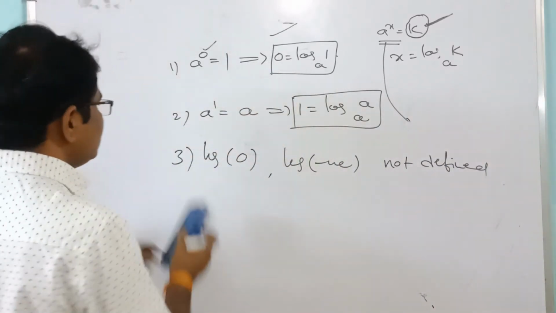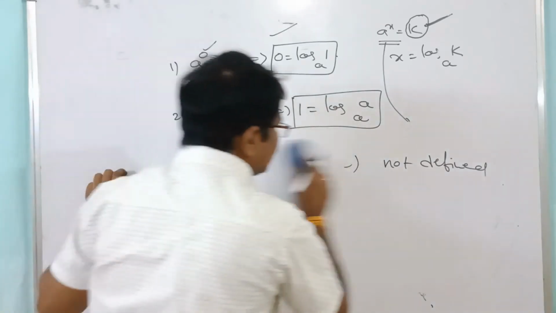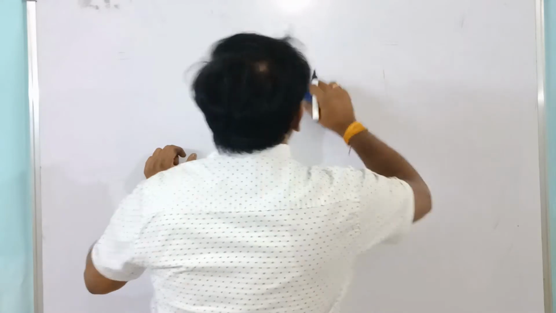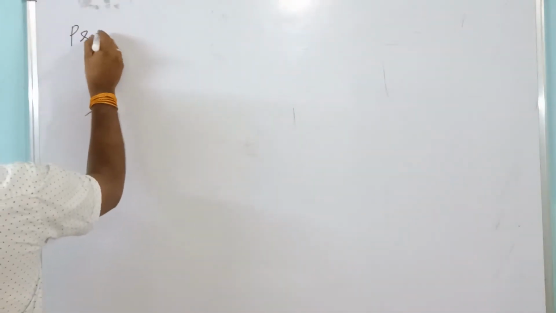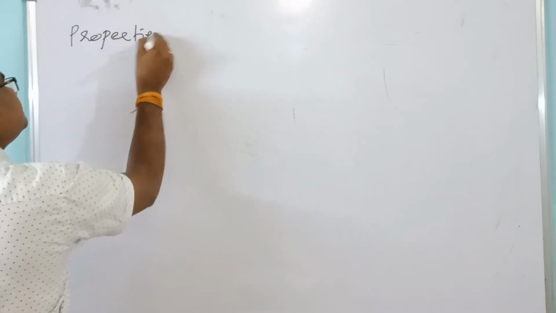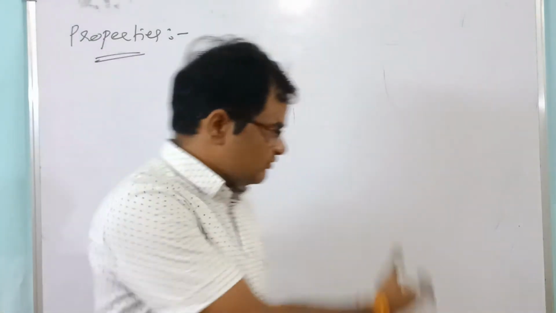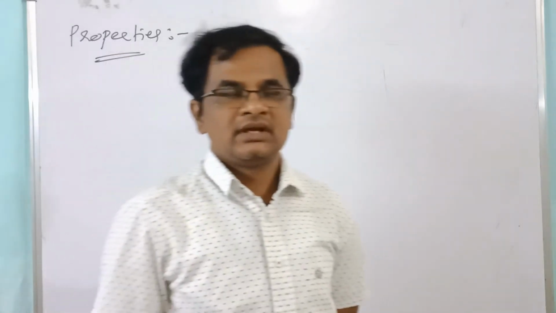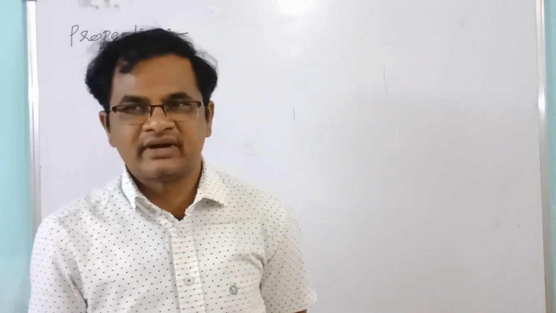Right? Now these three are basic properties, and the main properties we have to discuss. Properties of logarithms. So these are the most important properties, and the previous three also. What? Log 1 is 0, log 0 not defined, log of negative value not defined, right?